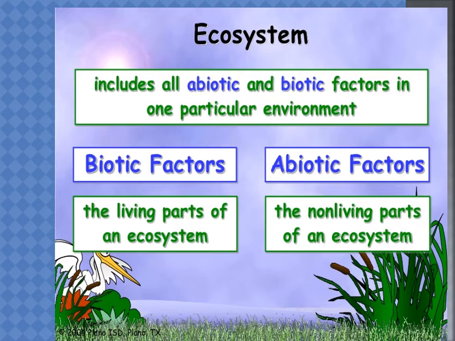This interaction forms the basis of the ecology of an ecosystem. Biotic factors and abiotic factors depend upon each other. Biotic factors depend upon abiotic factors, and abiotic factors depend upon biotic factors. These together make an ecosystem.